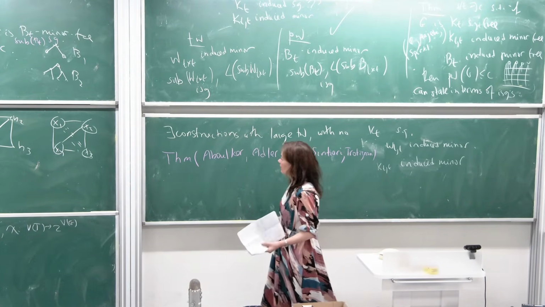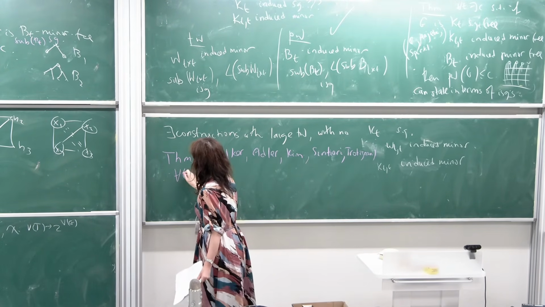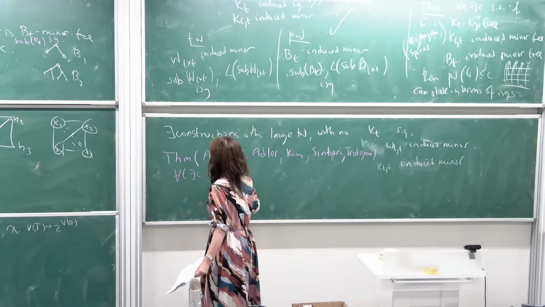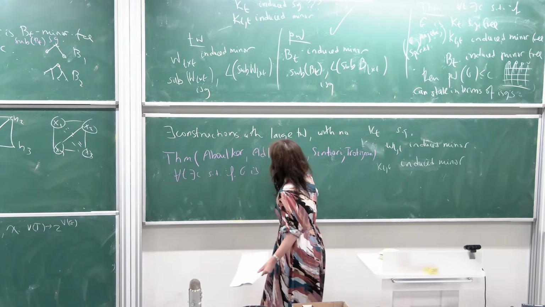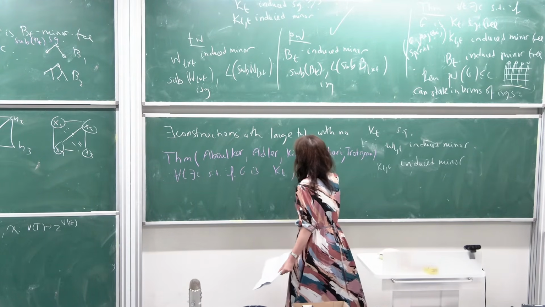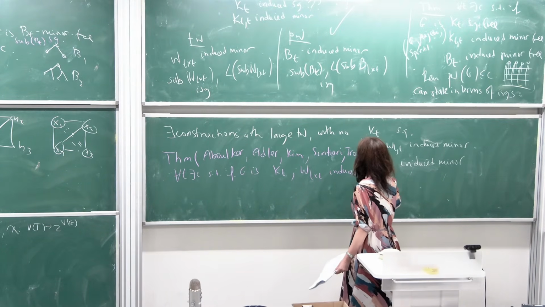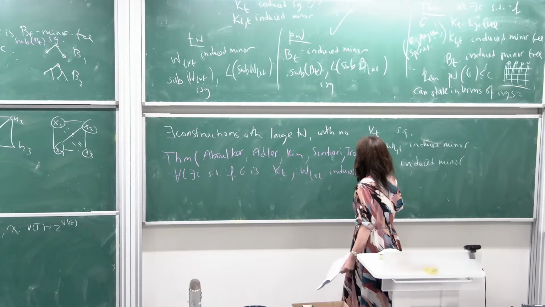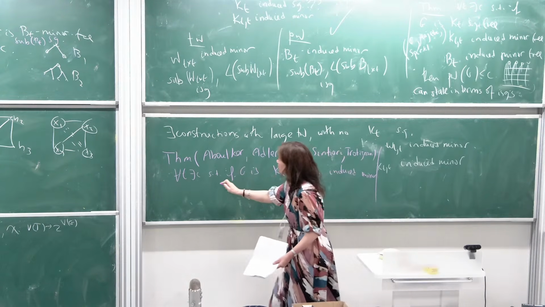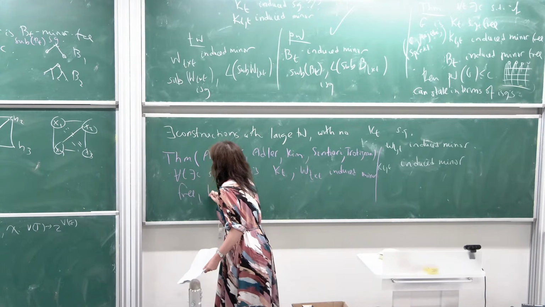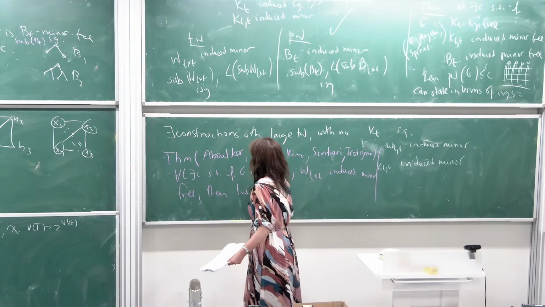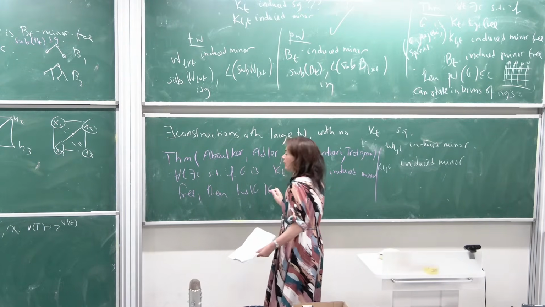It says for every t there exists C such that if G is K_t and W_{t×t} induced minor free, then the treewidth of G is at most C.